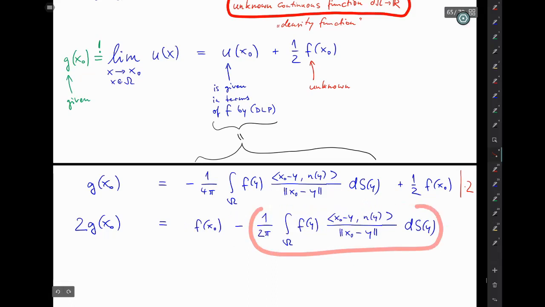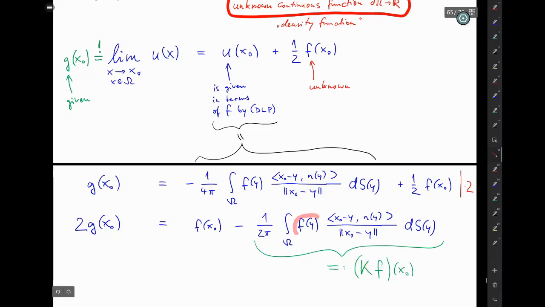So you abbreviate this by an integral operator, usually denoted by capital K, applied to the function f, because it all depends on f, obviously. And then you get another function, and that function is evaluated at the point x0. And it's easy to check that this is a linear operator, right?